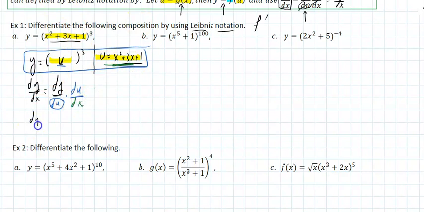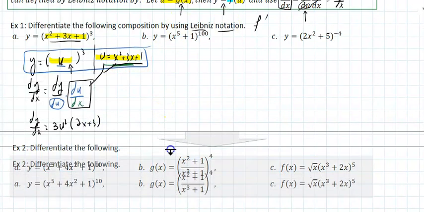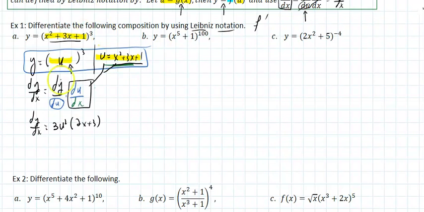And in this case, we'll say dy dx equals, now the derivative of u to the third with respect to u, bring the power down, subtract 1 from the power, and the derivative of u with respect to x is 2x plus 3. So this process allows me to take a derivative of a function embedded within another function.